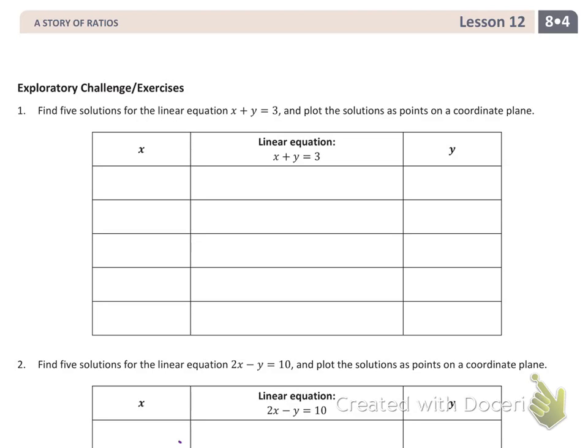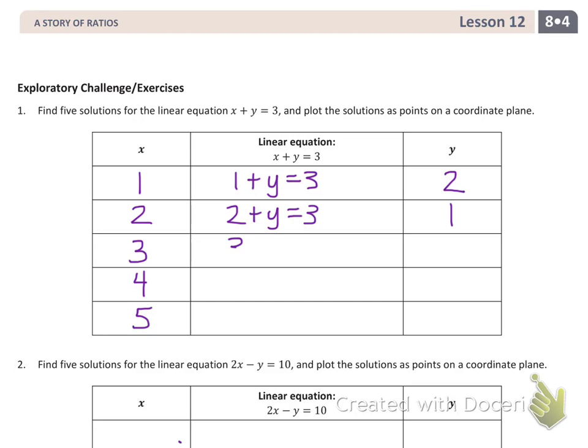Okay, so I'm going to start with a simple one. If I let x be 1, then I would have the equation 1 plus y equals 3, and I can see that y would be 2. If I let x equal 2, I would have 2 plus y equals 3, and y would be 1. You may have done this differently, but I can just keep choosing like that.